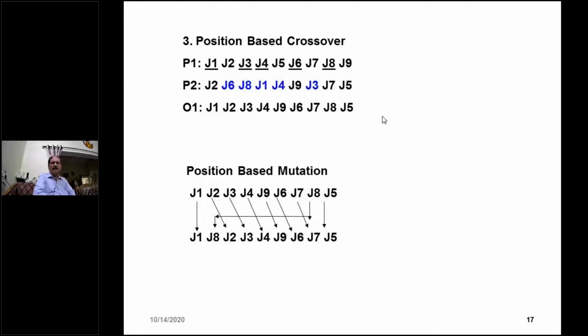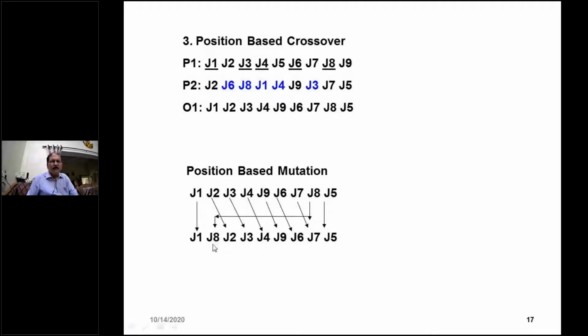Then there is a position based mutation in which the positions have been exchanged. Here J1, J2, J3, J4 up to J9 are there, and when you change a position, you randomly select a position, say J8 is selected, and that is brought here to position 2.